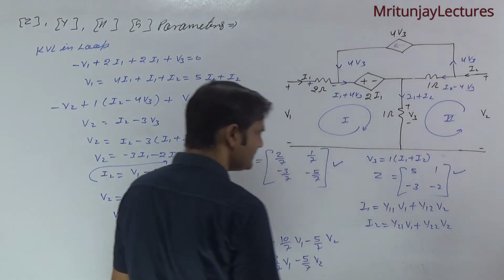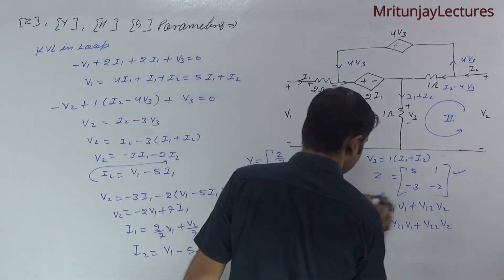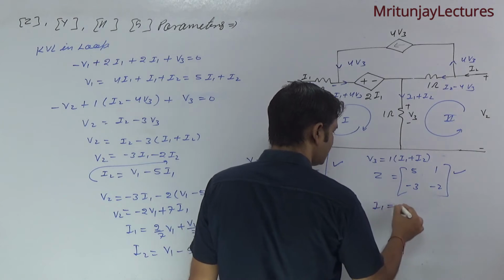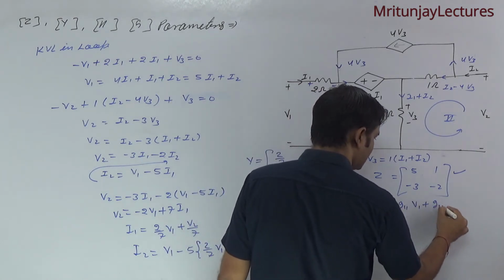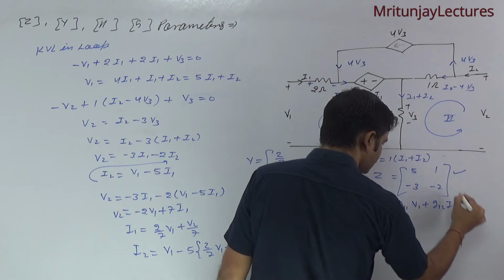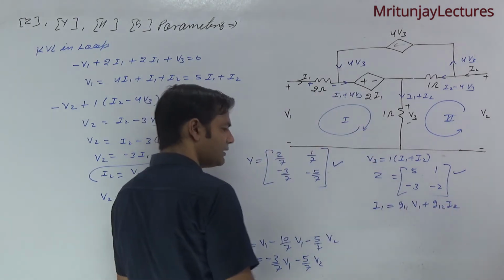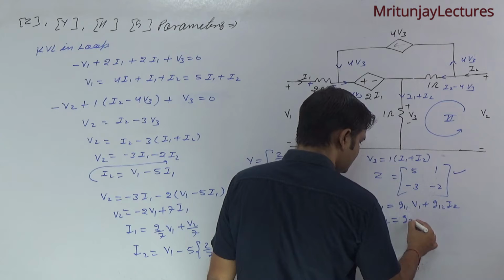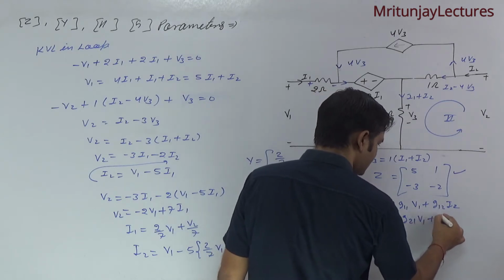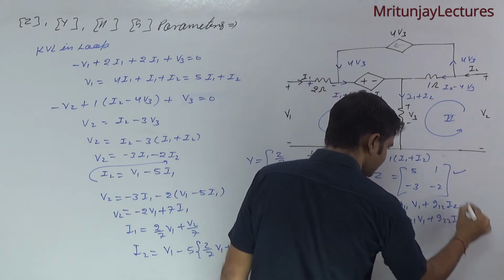Now the next target is the G parameter. How can we determine the G parameter? I1 will be equal to G11 into V1 plus G12 into I2. Now V2 in terms of G21 into V1 plus G22 into I2.